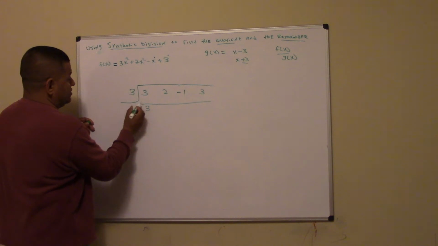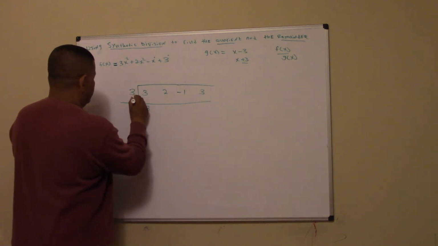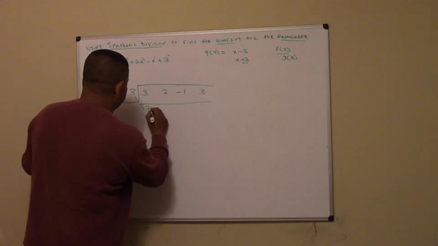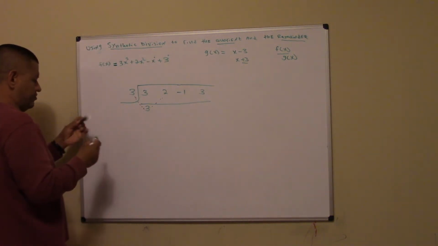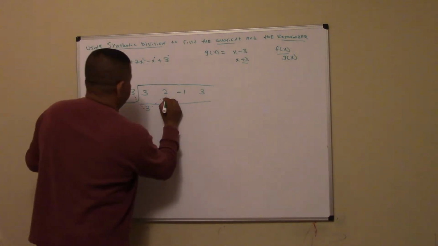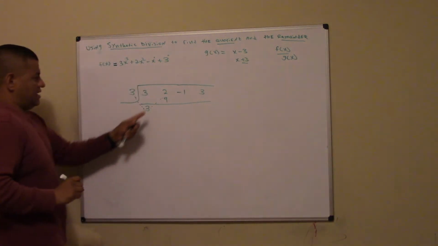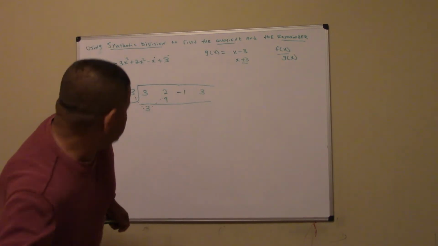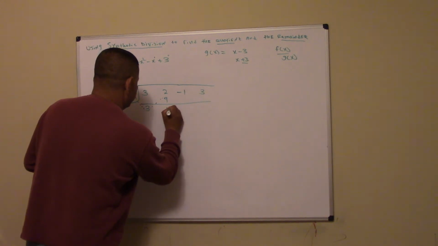So first, I multiply. 3 times 3 is 9, right? Put a 9 right there under the 2. Okay? Add them up, and this becomes 11.